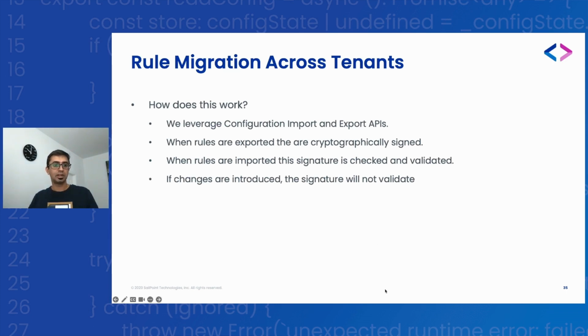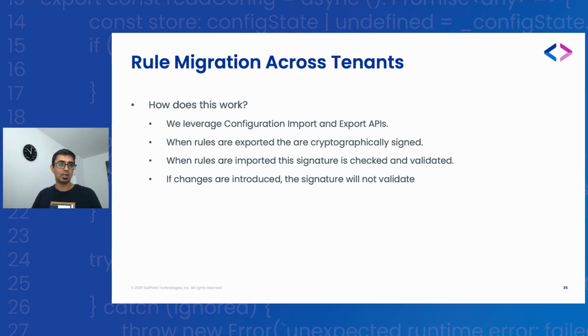Okay, so let's talk about how this migration works across the tenants. We'll be leveraging these export APIs. When we export the rules from one tenant, they are cryptographically signed, so there will be some kind of hash on that rule. That way, when the same rule is imported into the next tenant, we can make sure that the hash has not changed, so the rule is not updated.